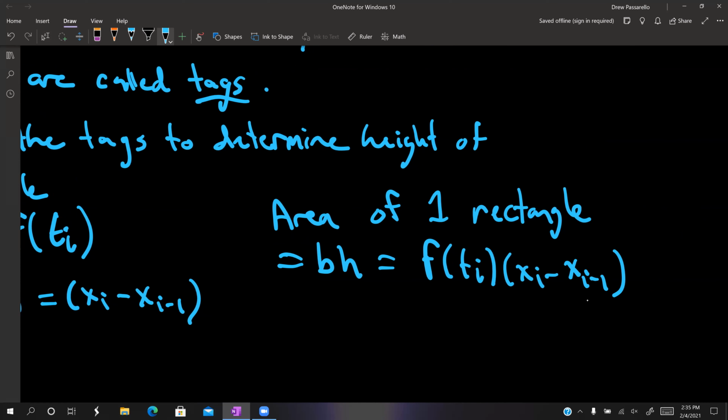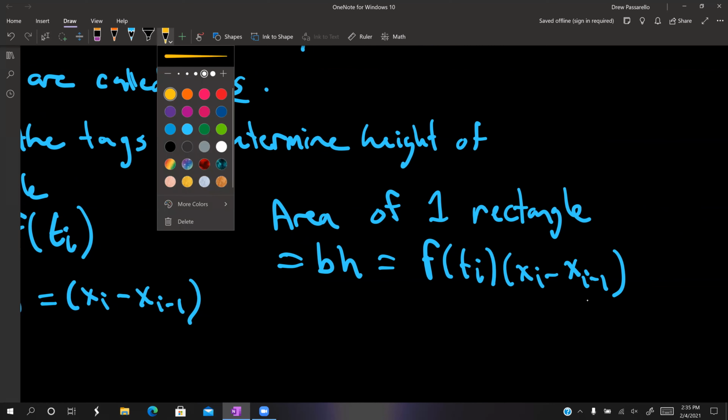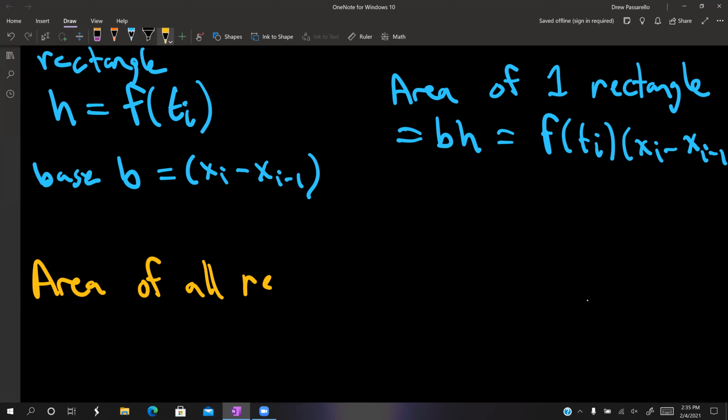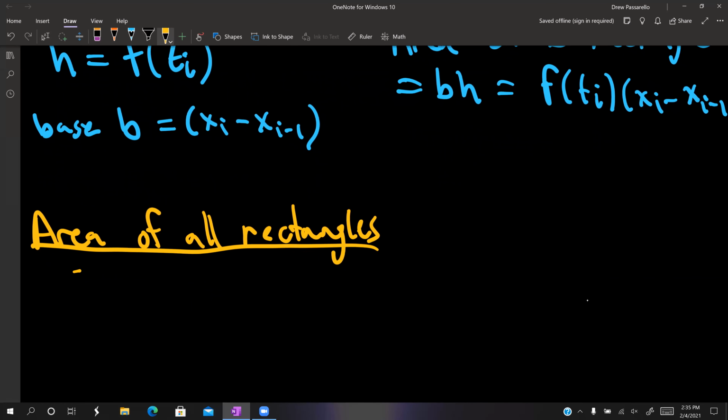Now, if we want the area of all the rectangles, that's going to be denoted as S, and then parentheses, you have f, semicolon, and then P with a dot over it. The P with a dot over it means it's a tagged partition.